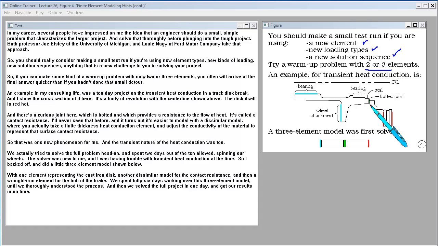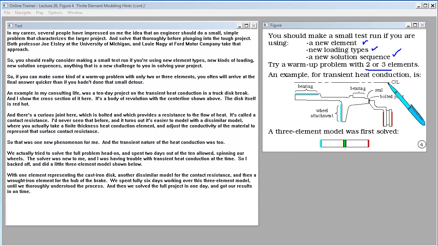It's called a contact resistance. I'd never seen that before, and it turns out it's easier to model with a dissimilar model where you actually take a finite thickness heat conduction element and adjust the conductivity of the material to represent that surface contact resistance. So that was one new phenomenon for me, and the transient nature of the heat conduction was too.